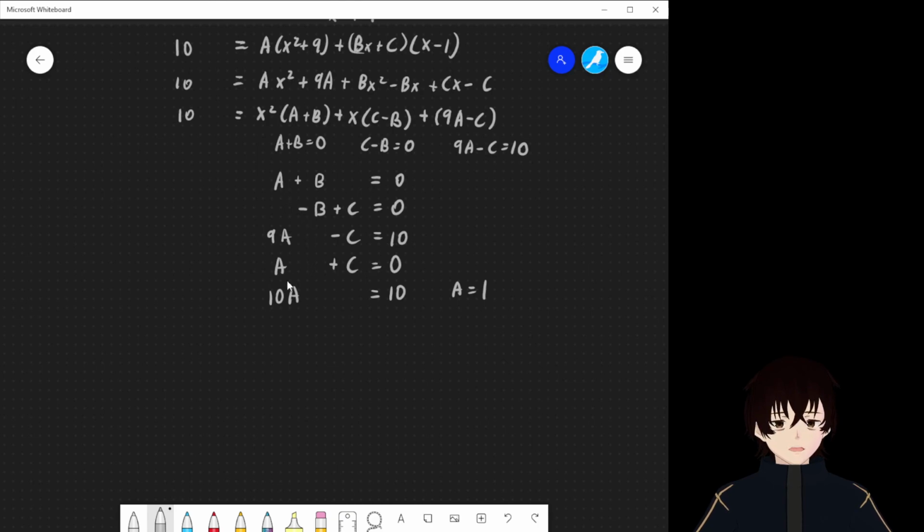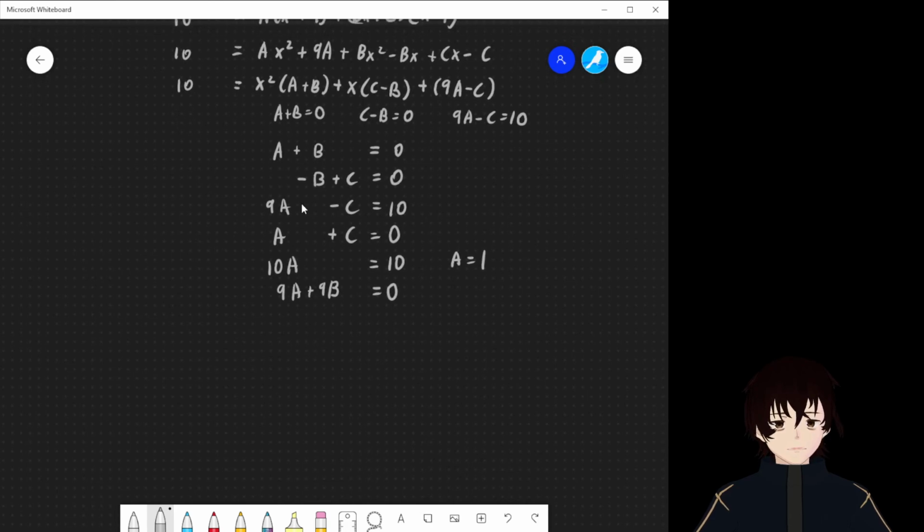Let's multiply the top by 9. So 9A plus 9B equals 0. Subtract that from this, so we'll get 0 plus 9B plus C equals 0. 9B plus C equals 0.